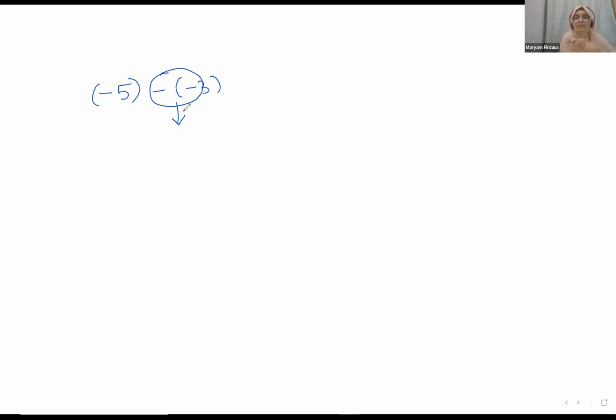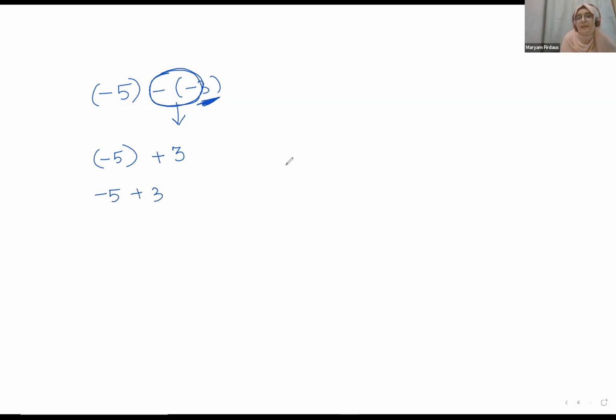So when two negatives collide with each other, what do they give? What does the result become? Positive. So can I write it as -5? Now what will this be replaced with? Plus. Yes, -5 plus, and what is this thing over here? 3. So this is -5 plus 3.